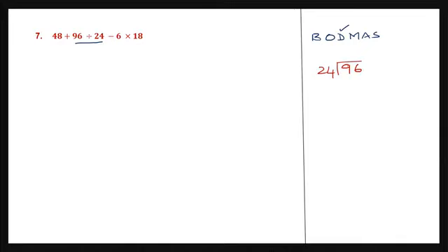So let's divide 96 by 24. 24 fours are 96. So we've got our answer there. Let's write everything else as it is. So that becomes 48 plus 96 divided by 24. We got our answer as 4, minus 6 into 18.